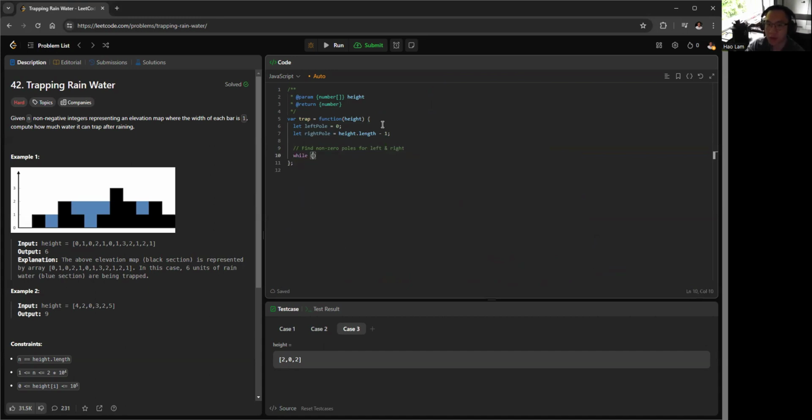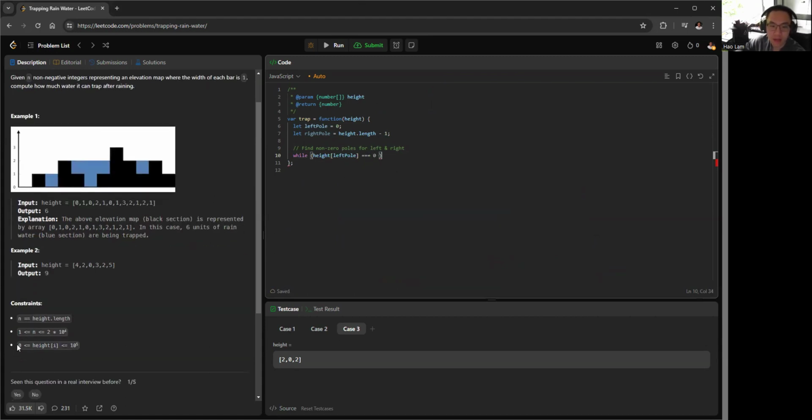So while the height at the left pole is equal to 0, we know that the minimum height is 0, we don't have to worry about negative numbers, and left pole plus plus. Similarly for the right, 0 and right pole minus minus.